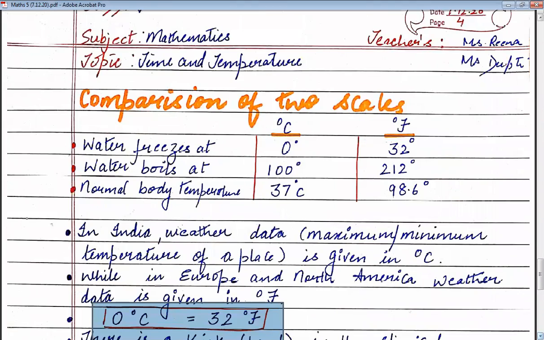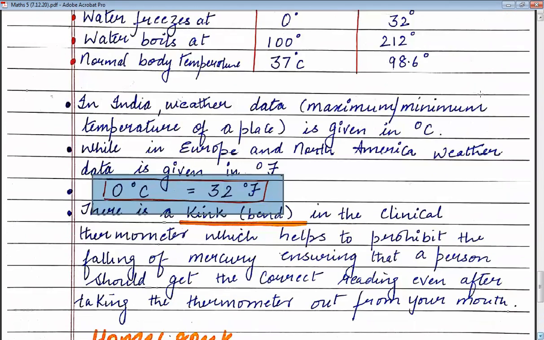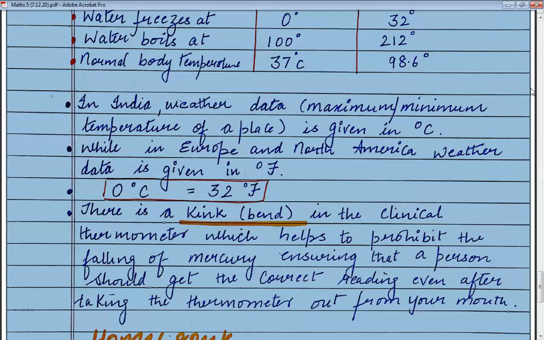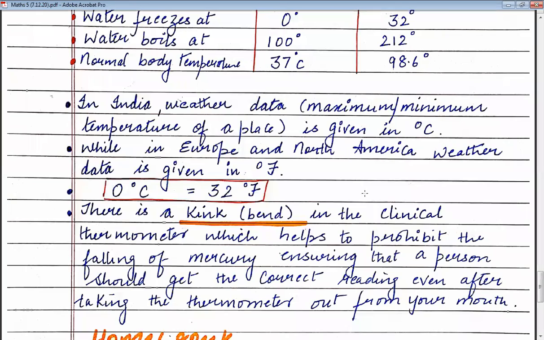Children, I told you that we can use only the clinical thermometer to measure body temperature. We can't use the laboratory thermometer. Why? What is the reason? Because in a clinical thermometer there is a kink.